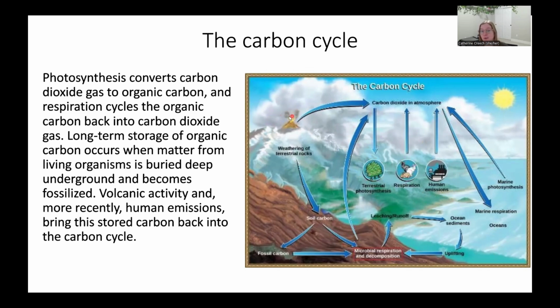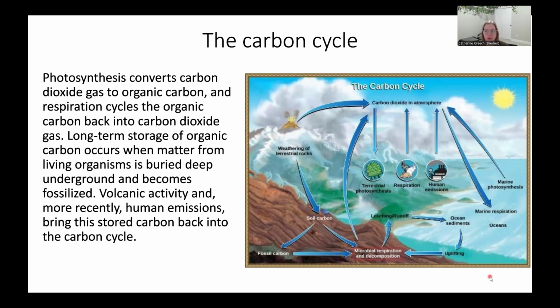Historically, before humans were burning fossil fuels, this is the main way that we got extra carbon into our atmosphere. And there were times when historically volcanic activity created huge jumps of carbon dioxide. It's also going to drip down into our soil, and it can get fossilized as fossil fuels or fossilized carbon.